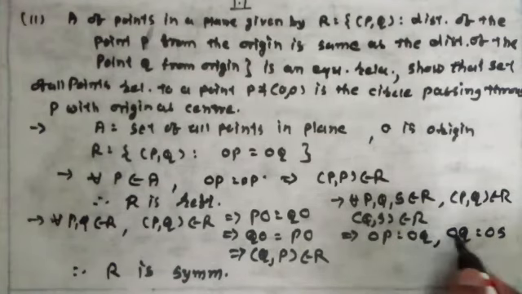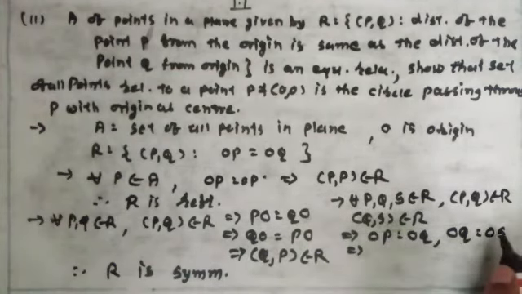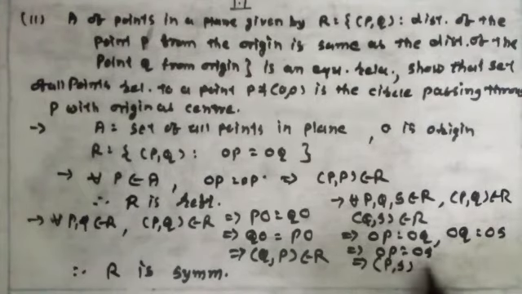QS belongs to R, so OQ is equal to OS. This implies OP is equal to OS. This implies PS belongs to R. Therefore, R is transitive.